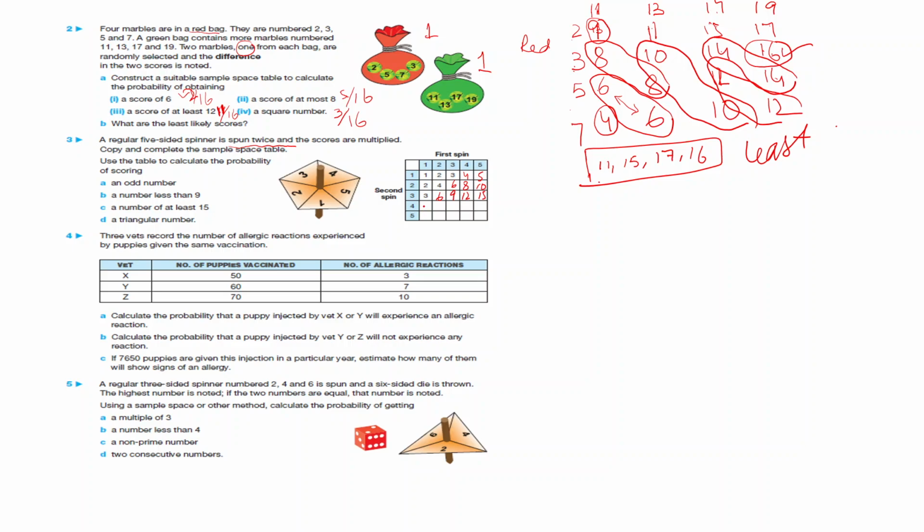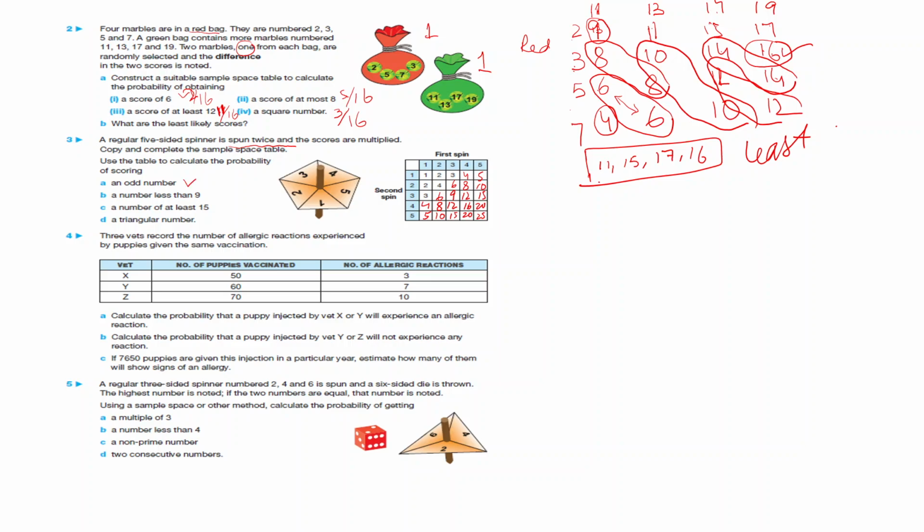Four ones are four, four twos are eight, four threes are 12, four fours are 16, four fives are 20. Five ones are five, five twos are 10, five threes are 15, five fours are 20, five fives are 25. So these are the numbers.